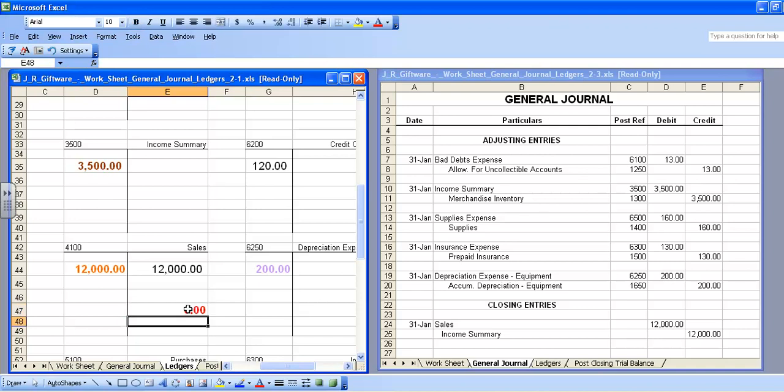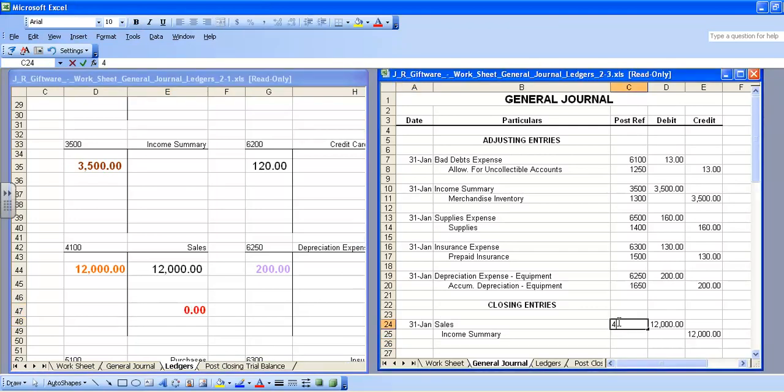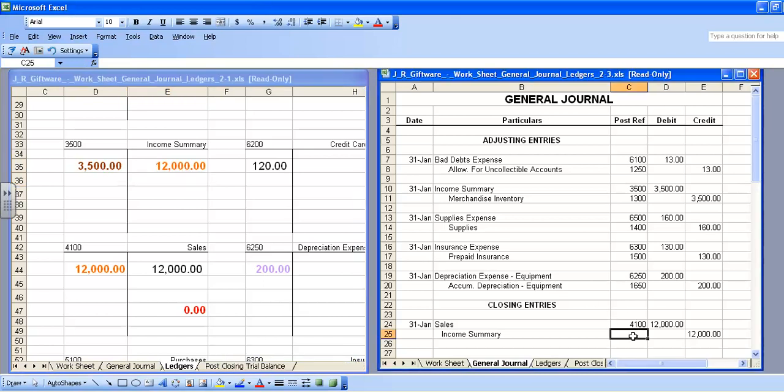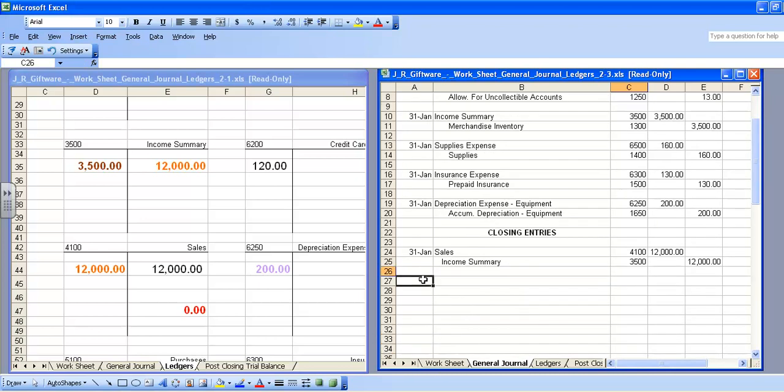My new balance for sales is now going to be 0, because the debits and credits equal. The 0 is always going to end up on the side that the balance normally is on. Then I'm going to find income summary and I'm going to credit income summary for $12,000, and I'm going to put the amount in.